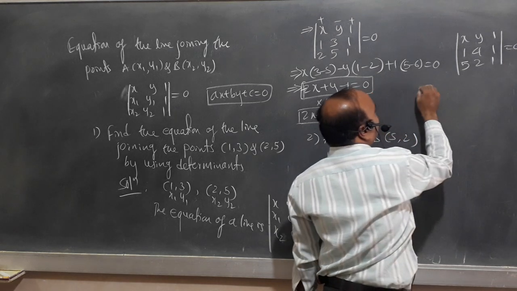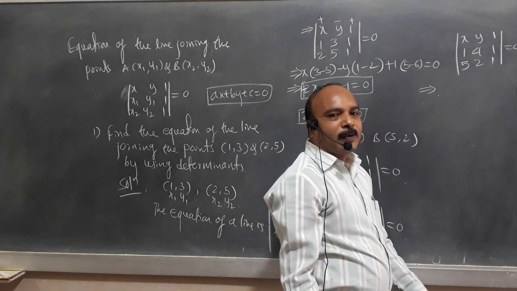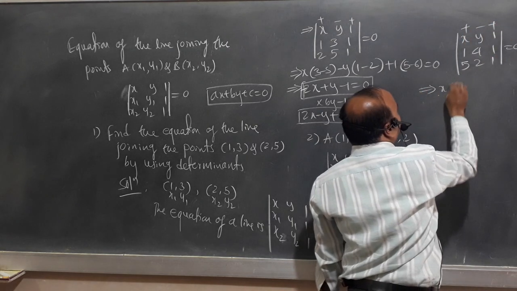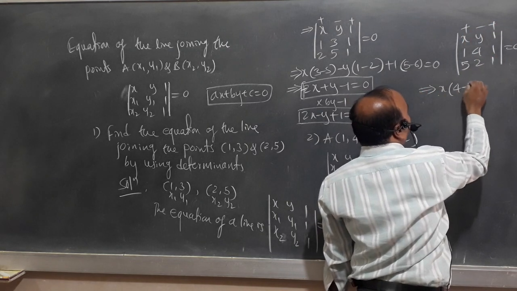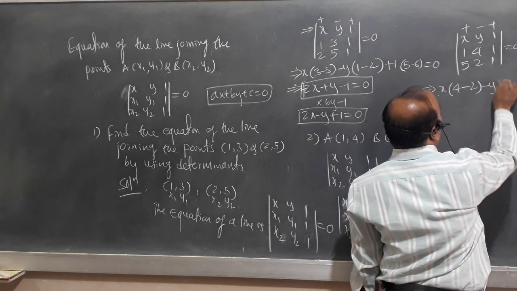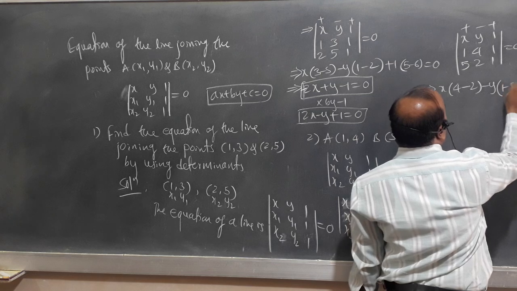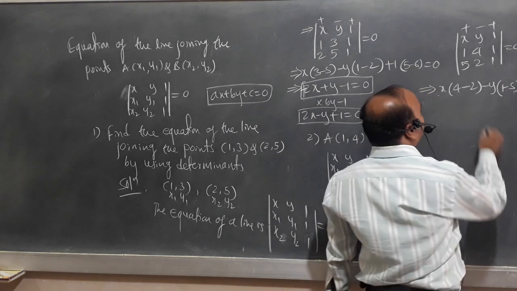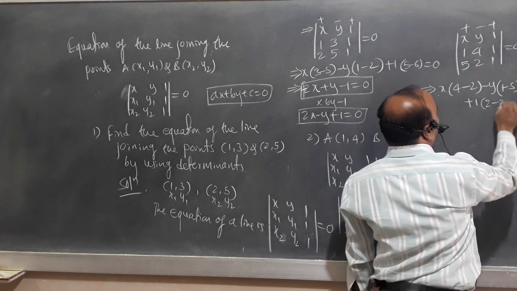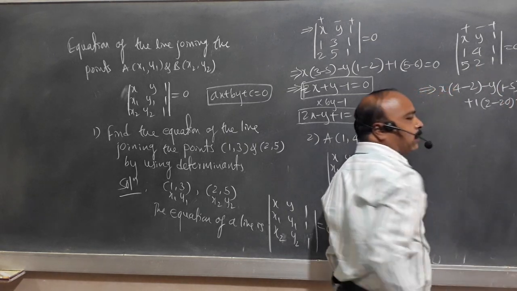Equal to 0. Now expanding with signs plus, minus, plus, we get x into 4 minus 2, minus y into 1 minus 5, plus 1 into 2 minus 20, equal to 0.